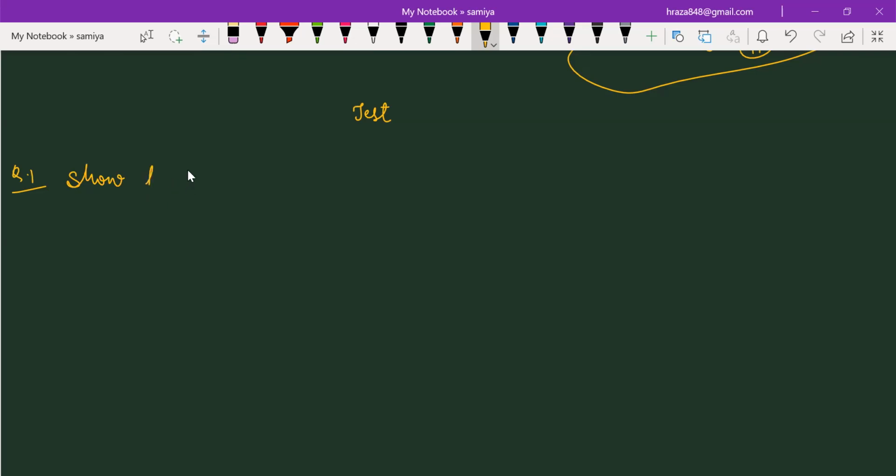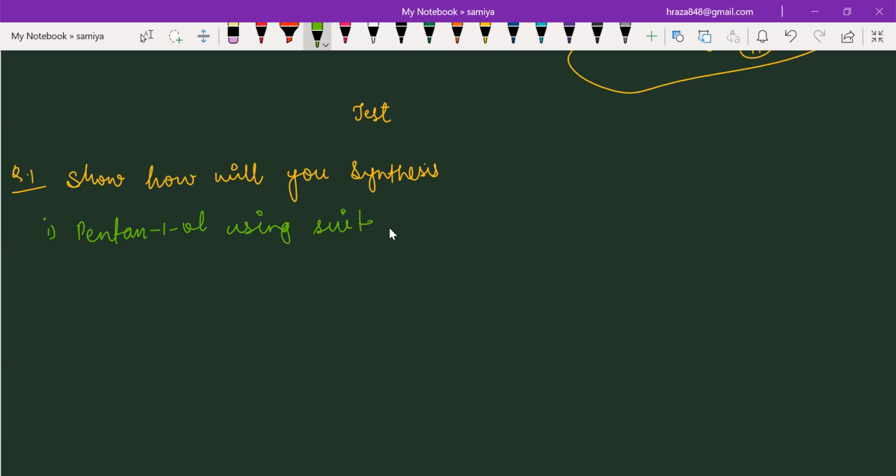How will you synthesize pentan-1-ol using a suitable alkyl halide?